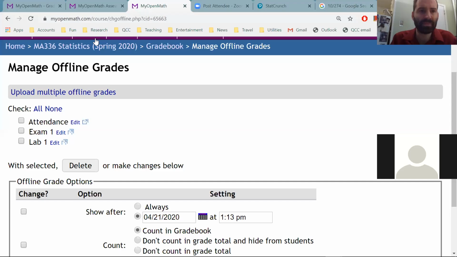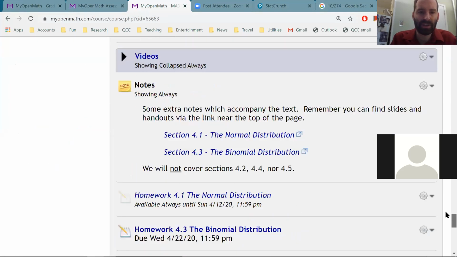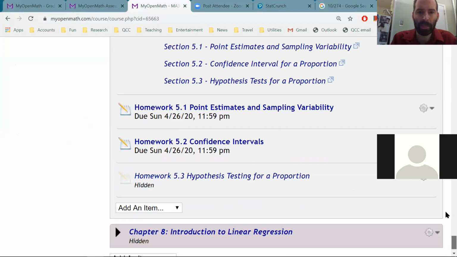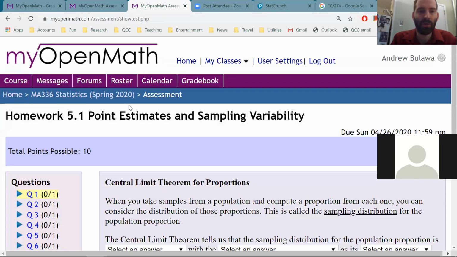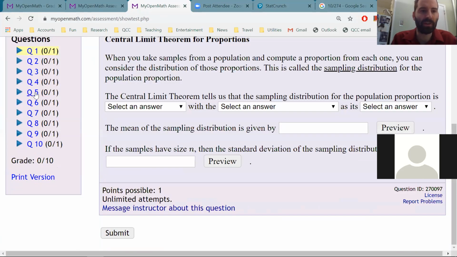Here we go, into my browser. I'm going to go down to section 5.1 here. Things run slow when I'm running the Zoom. Okay, number 5.